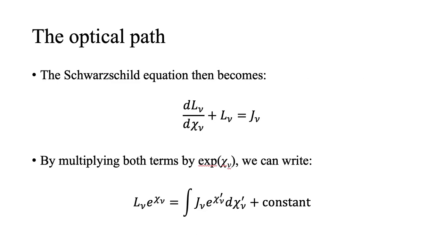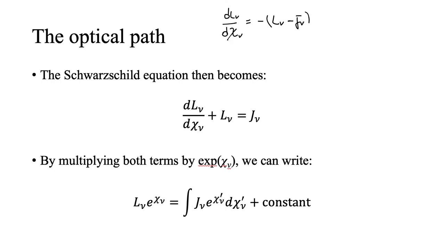Can we solve now, if we look at Schwarzschild's equation, dL_ν/dχ_ν equals minus L_ν plus J_ν? Can we find some generic solution to this equation?